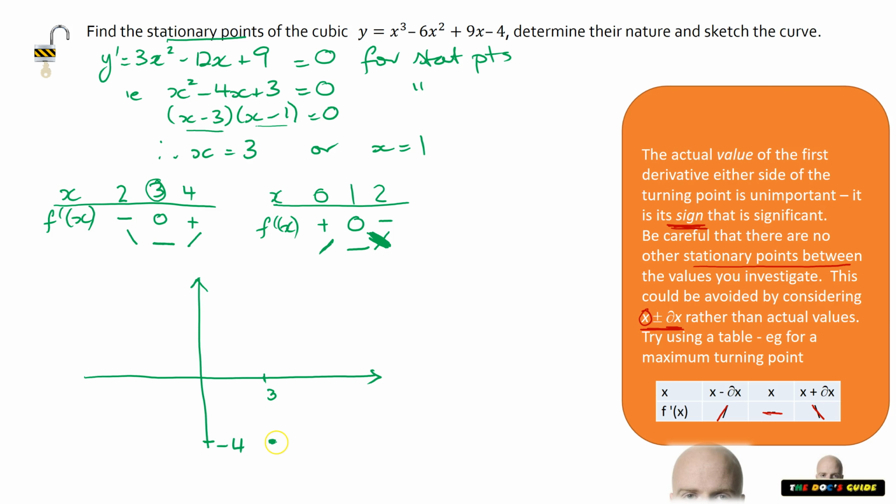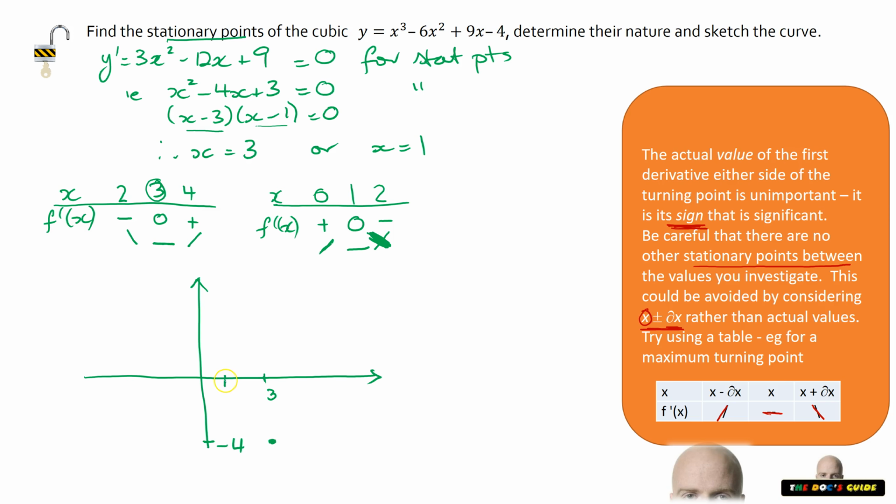So I think that also works out to be -4. So that's our negative value, and at x equals 1 we had a maximum turning point, and when x equals 1 we've got 1 minus 6 is -5, plus 9 is 4, minus 4 is 0.